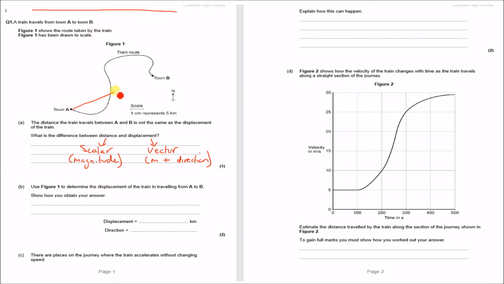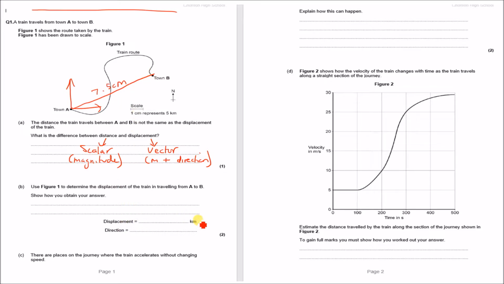So between those 2 points with a ruler you would measure, and I get 7.5 centimeters. It's also asking you the direction, and the direction is north and that is east, so it's 7.5 centimeters northeast.